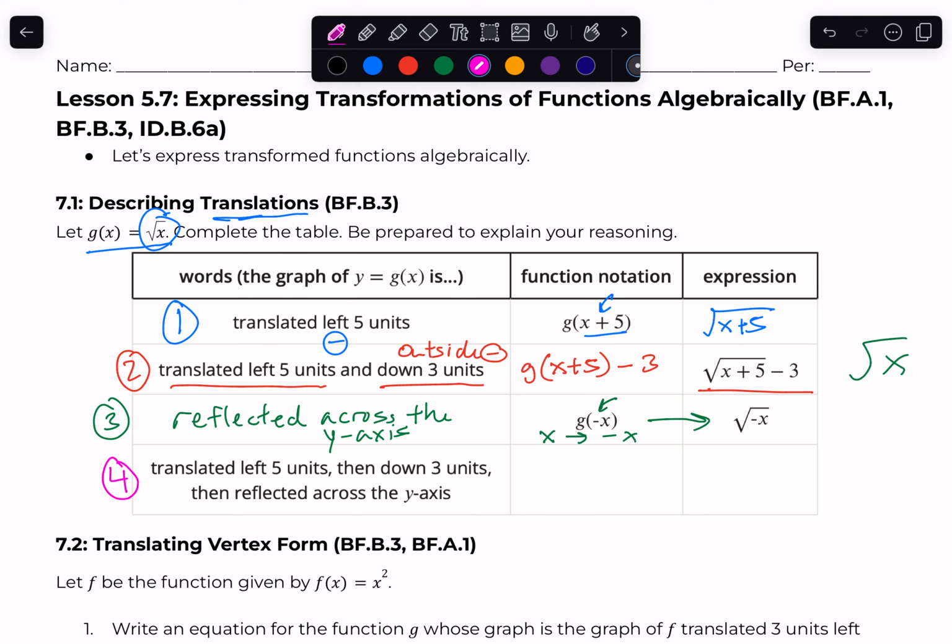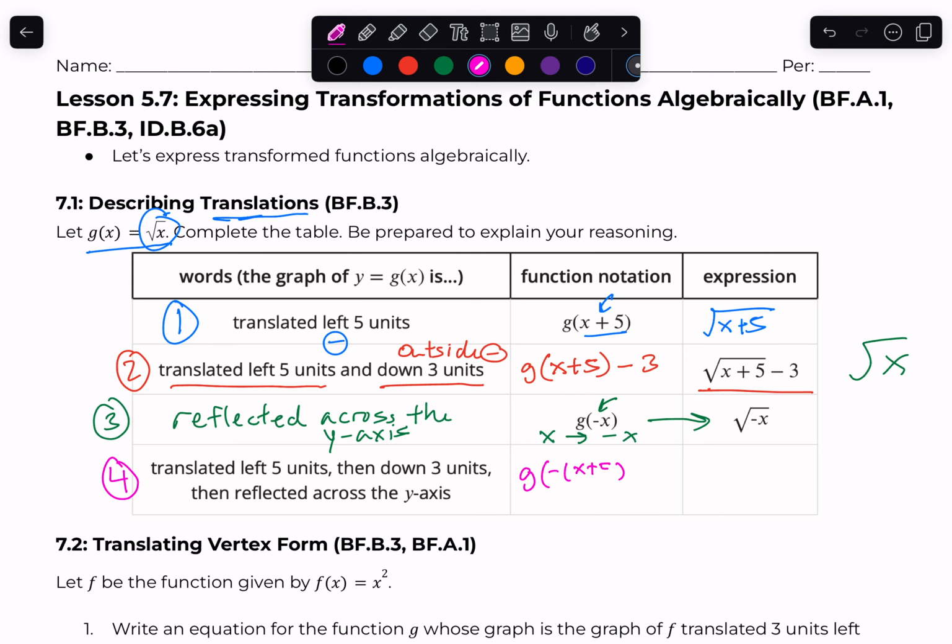Okay? So, what we're going to do is to show the function notation, we know that we're going to have a negative inside the parentheses, but we also need to put another parentheses inside that, similar to what we did in lesson 5.6.